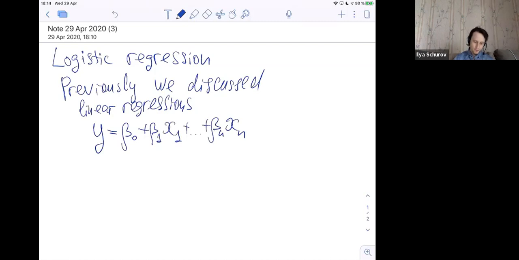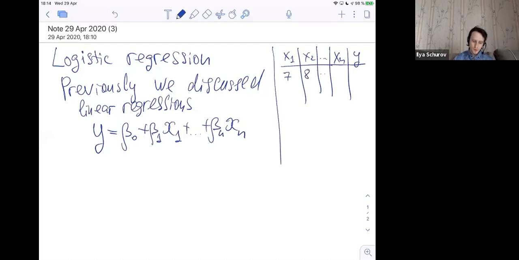And in this case, we assume that we have several variables like x1, x2, and so on, xn, and variable y. And we have some values here, and we have value here, and so on. And we want to predict this value of y using these values.